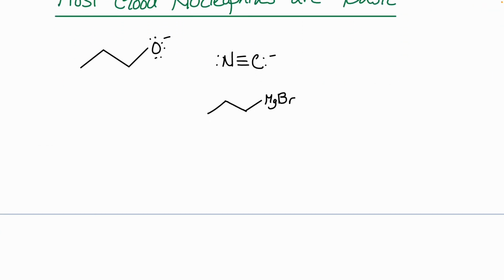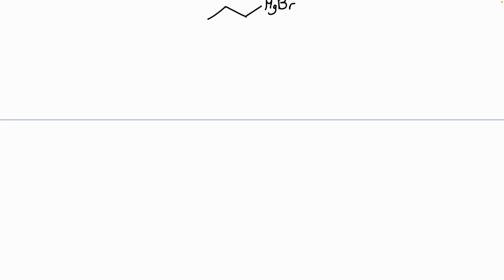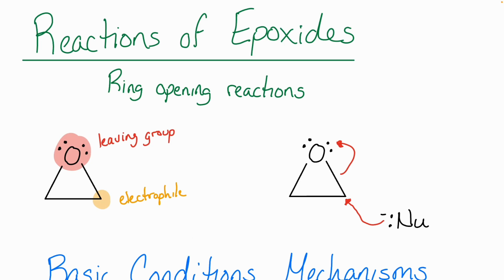Okay, so now let's look at this simple example here. We just use a generic nucleophile. And we're going to see these ring opening reactions here.